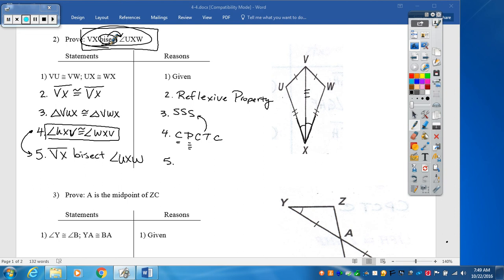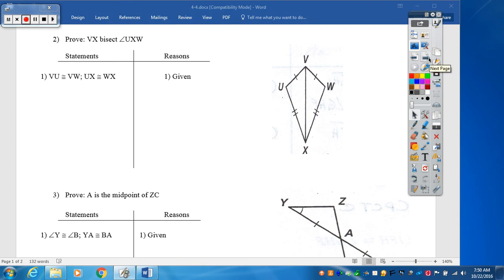So they're two equal parts. So I'm going to put down here definition of bisects. Okay? And so as a result, those parts are equal. So yeah, I hope that made sense to you guys. Came back to that definition there. Let's go on to the next one.